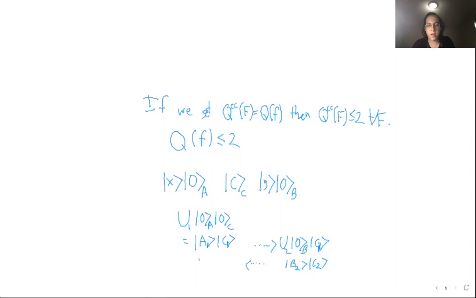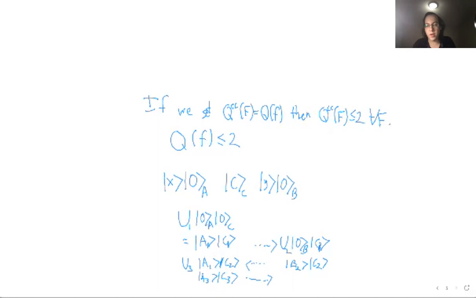So now we have A1, C2, to which U3 gets applied, and we get A3, C3. Then the C register gets moved here, and we get B2 here, C3, and then we apply U4, and so on.